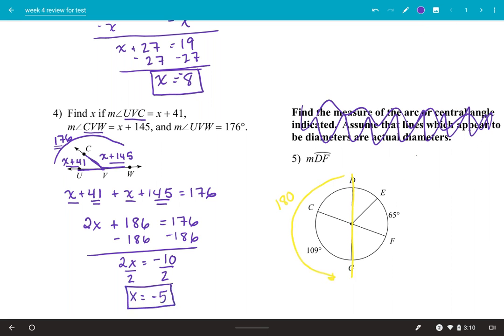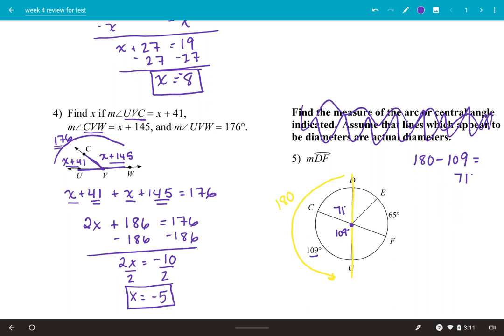So for the first one, I'm going to go 180 minus my 109. And I'm going to get 71 degrees. Just making sure. Yep, 71 degrees. So I know this one is 71 degrees. And remember, since this is a central angle, 109 on the outside, it's the same on the inside.